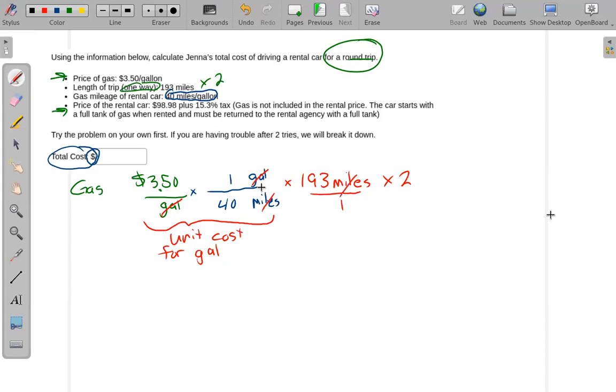So in the end, the only thing not crossed out is my dollars, which is what I want in the end there. So on my calculator, I need to take the 3.50, divide that by 40, because 40 is in the bottom, means divide, multiply that by 193, and multiply that by 2. And we can just do that in one shot. No need to do it in pieces, unless you want to isolate the unit cost.